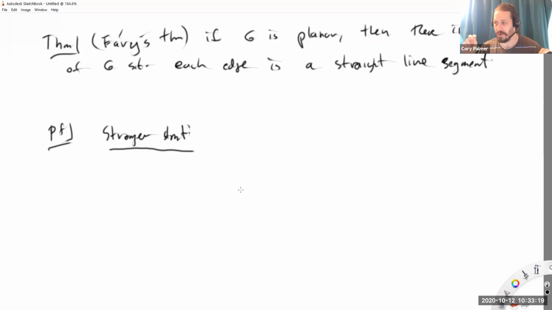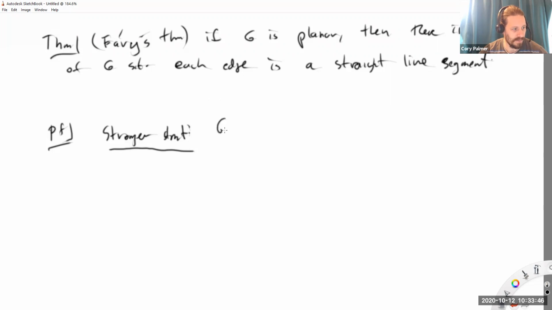I don't define it clearly, but it's like the GeoGebra property where you take a point and you just move it and you straighten out the lines too if you can. So there's a way to shift the vertices so that the line segments become straight, but also a vertex's neighbors come in the same cyclic order around it as before. So we don't wildly warp the graph. If we have a planar embedding, we can modify that specific planar embedding to get straight lines. Okay, so let me write this out.